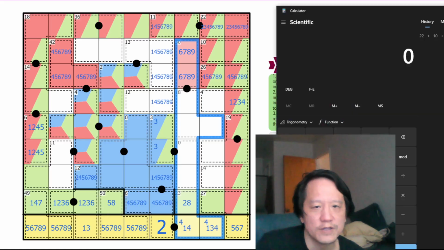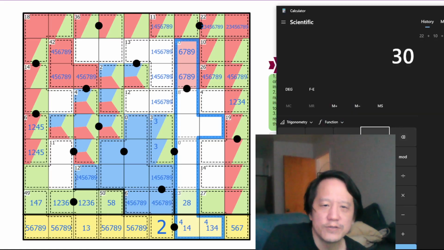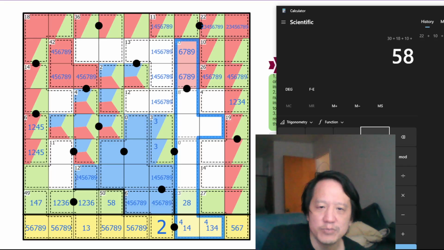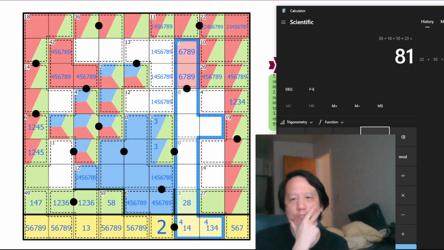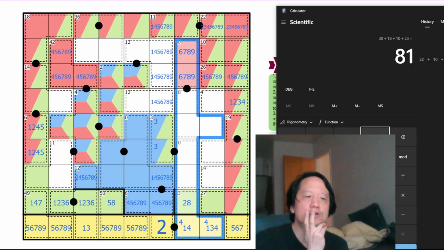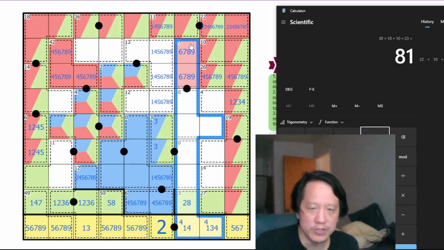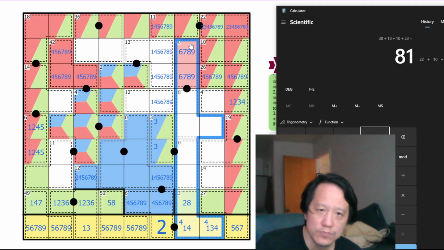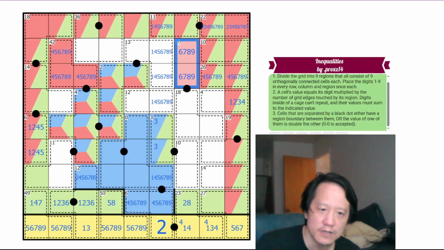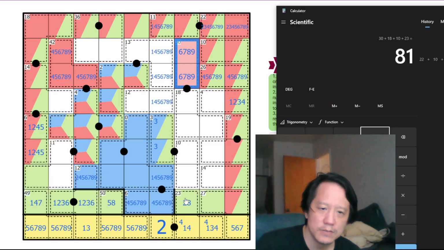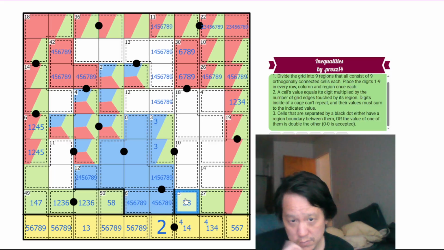Huh, let's try that. 30 plus 18 plus 10 plus 23 is 81. We know 15 is doubled here. So this is guaranteed 15. This is a singleton.